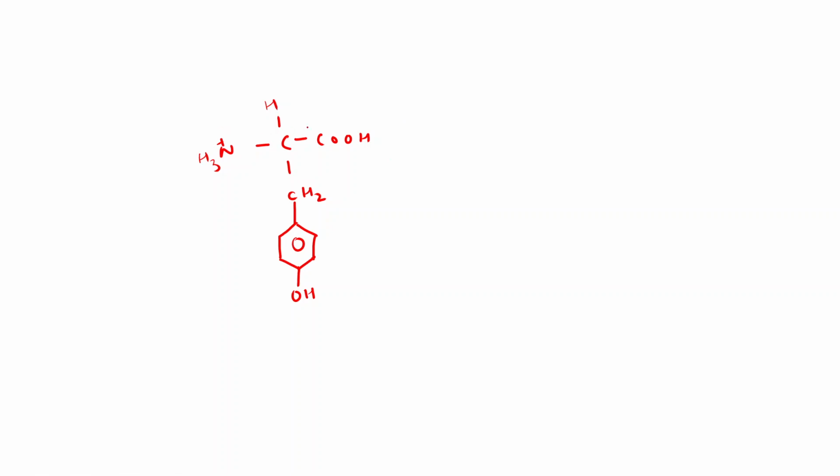So what happens at very low pH: every group is protonated. pH is basically a measure of the concentration of hydrogen ions.